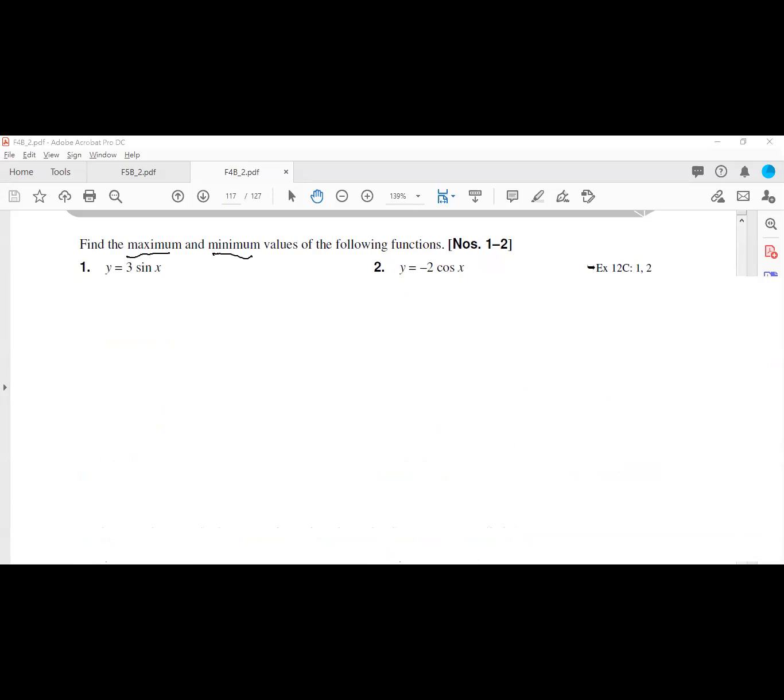If there is more than one term involving sine x or cosine x, you need to simplify the expression first. But like question number 1, there is only one sine x here. So y is equal to 3 times sine x, and then we will do this.